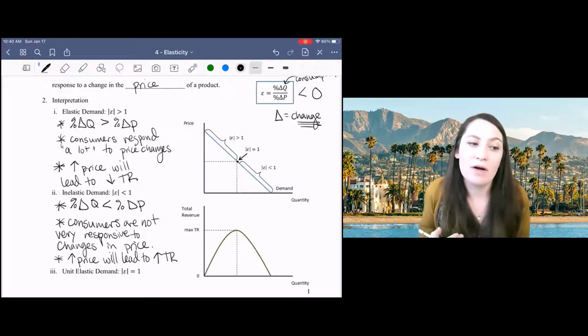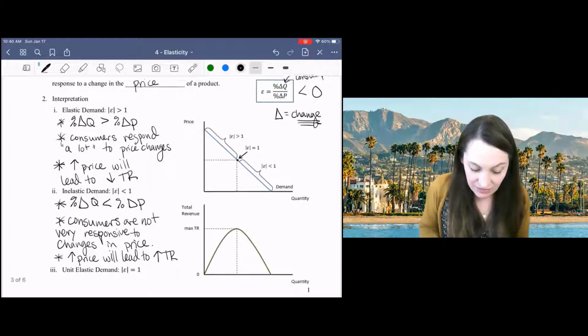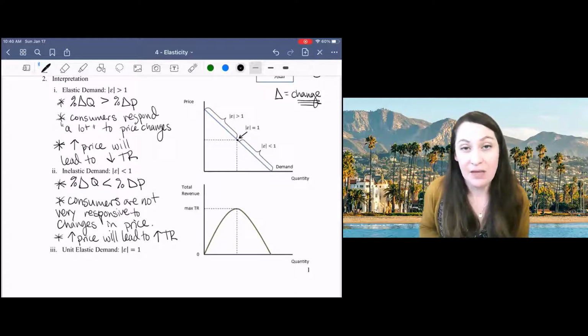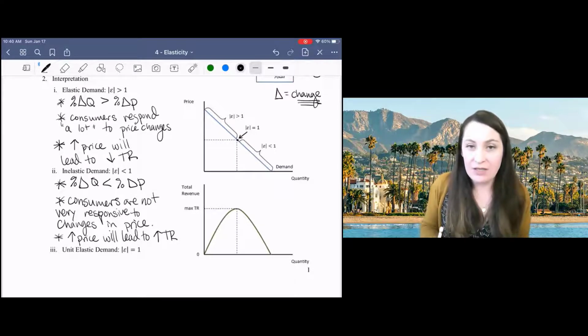There's one more type of elasticity here that we haven't talked about, which is what happens if the price elasticity is equal to 1. And for demand, this is a particular point along the demand curve that is especially important to our consideration of total revenue.